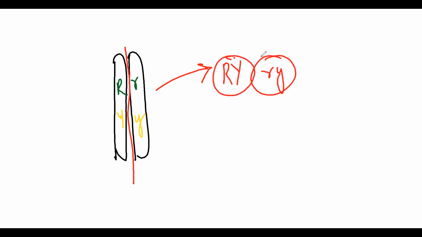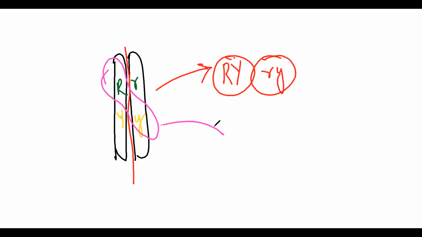There are the chances that maybe the gene will separate like this, right? In this case, we will have R, Y. But what if the separation is like this?